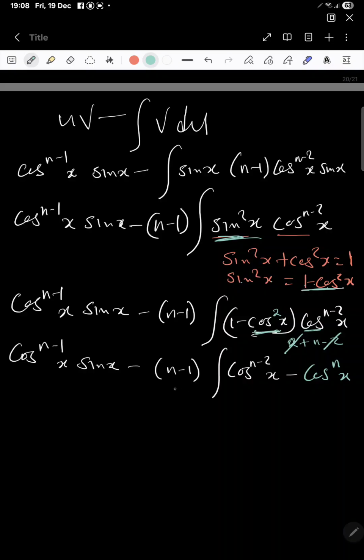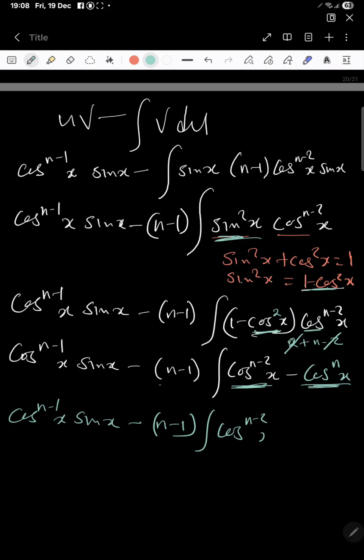Then from there, you've seen that the n minus 1 is common to this and also to that, so you can distribute it. Also, the integral is for this and for that, so you can also distribute the integral. So we shall end up having cos to the power n minus 1 x sine x minus, you distribute this to that, n minus 1 integral of cos to the power n minus 2 x.